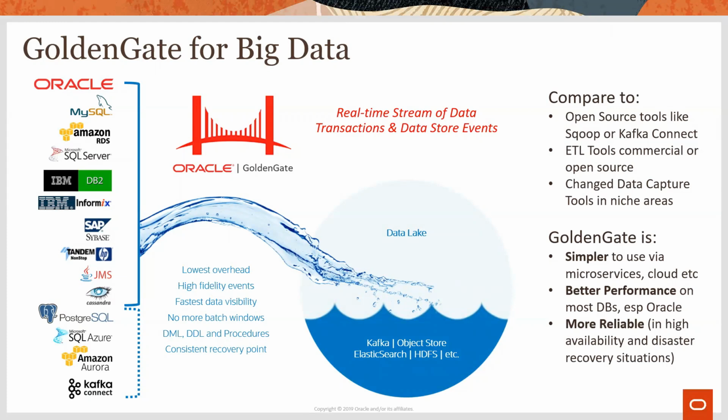In many cases, they might have tried open source only solutions. They might have tried ETL tools. They might have tried some other niche vendors or smaller vendors for doing data replication. GoldenGate is really a technology that can operate very reliably at great scale.